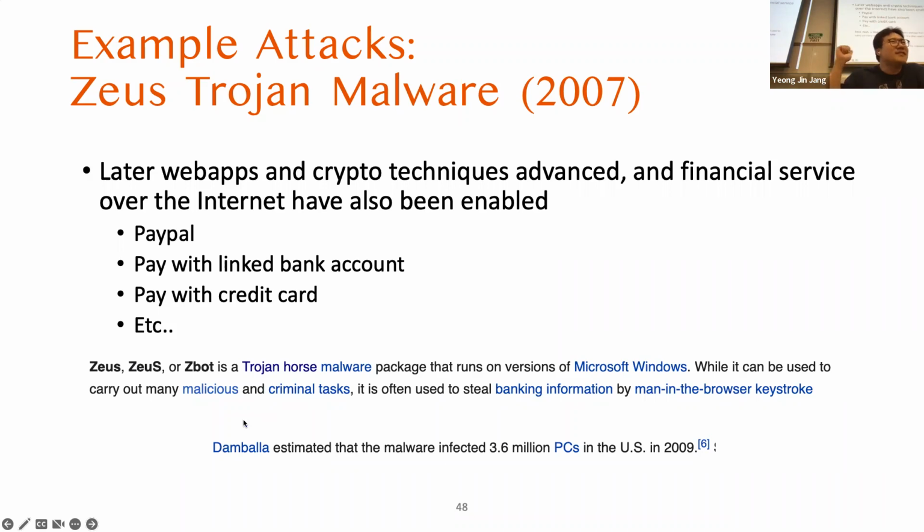My thesis advisor went to Spain with Interpol to take down a botnet called Mariposa. That kind of thing was very fun to watch. But the important thing is that this malware spread to more than 3 million machines in the US alone, and caused a lot of financial damage for individuals and small businesses.